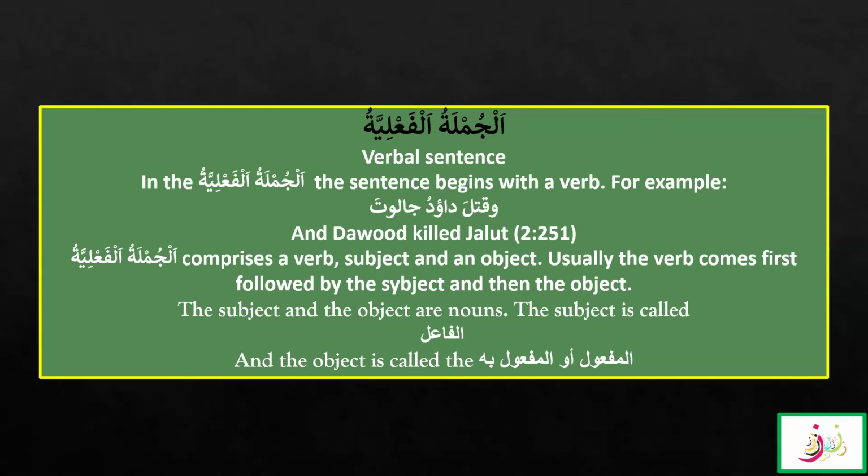The rest of the sentence is a maf'ool or a detail, and it should be in the state of nasab, mansub, and you can see the fatha on Jalut. You know that Dawood killed Jalut. Here Jalut is an object or a maf'ool. Fi'l, fa'il, and maf'ool. This is a complete jumla fa'liya. There can be more details, and inshallah we are going to learn them in advanced nahw.